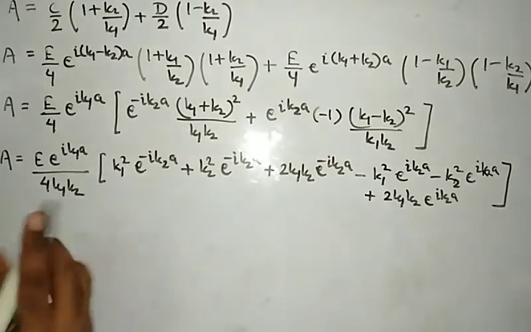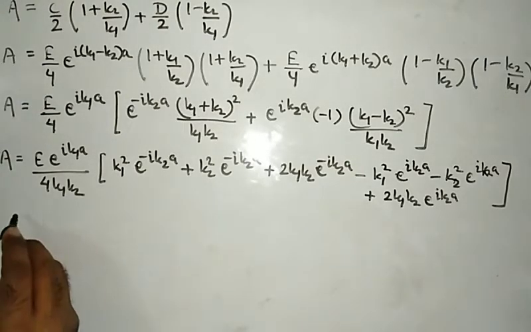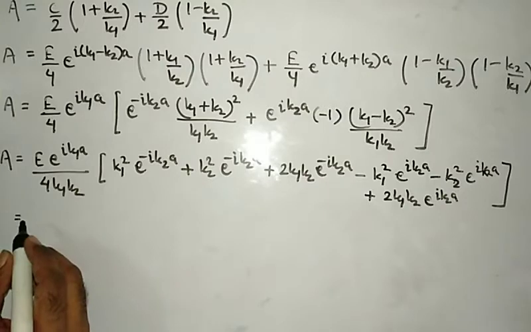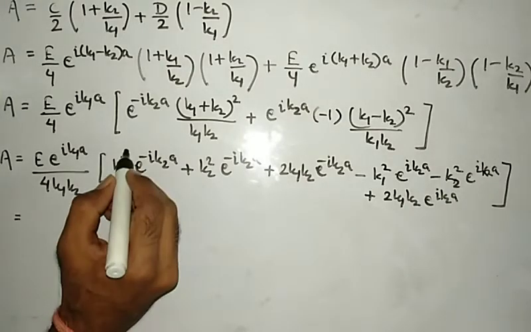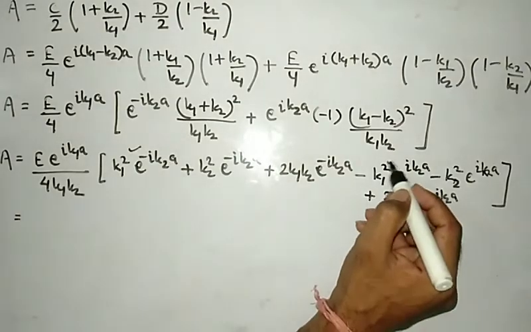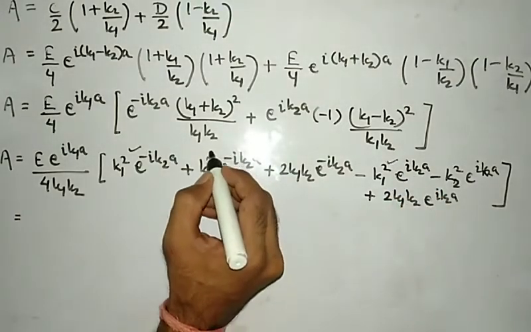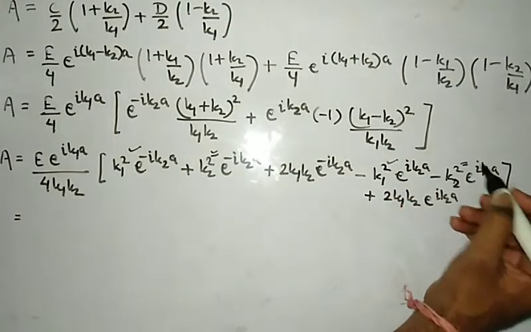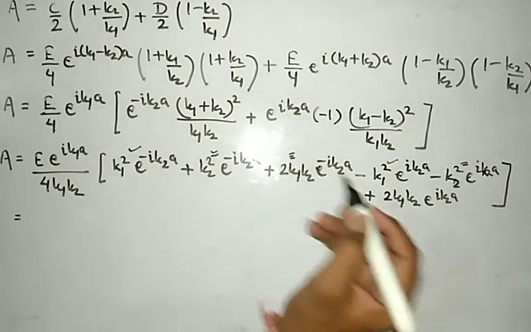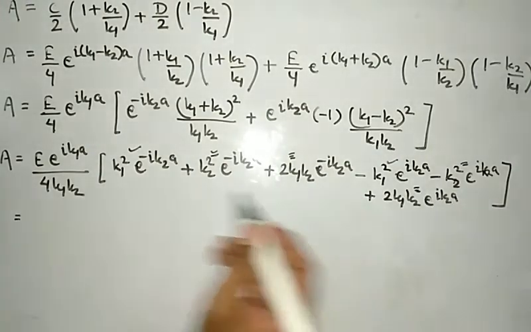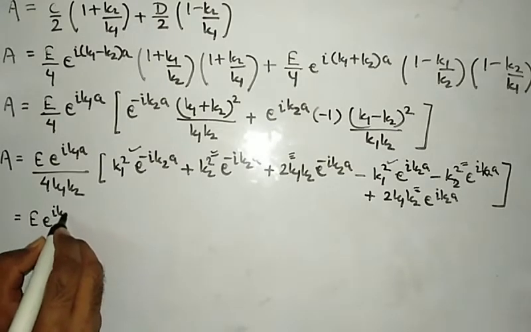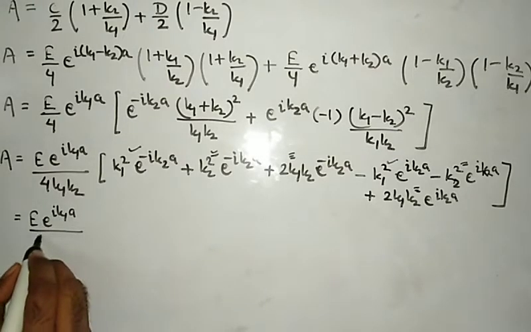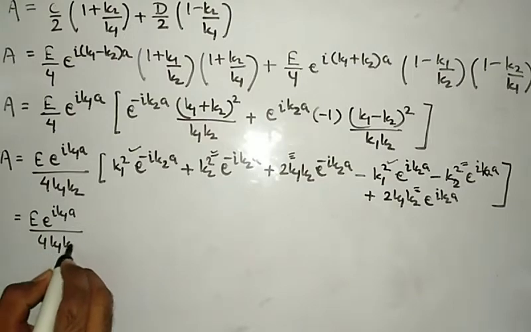Okay, now solving further, taking some common from this term, this and this, then from this and this, and this and this. Okay, so e to the power i k1 a upon 4 k1 k2.